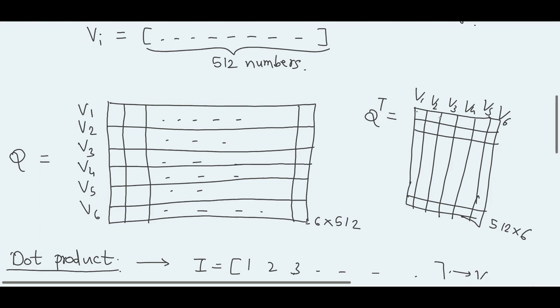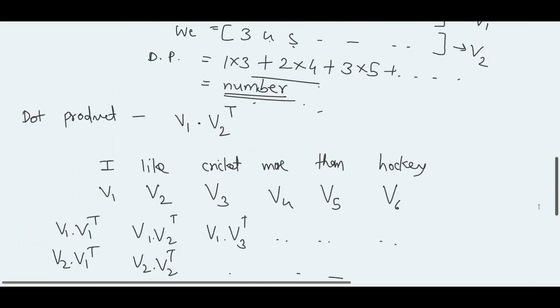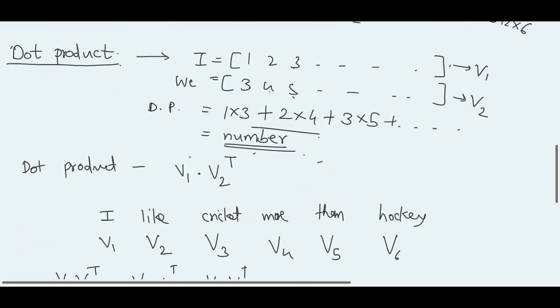Now what you can do is take this v1 and multiply it with this matrix. That will give us this transpose, just like what we have done here. You can see that you had this matrix like this, and then you had this matrix like this, and then we were able to calculate the dot product, or that is how we represent the dot product.